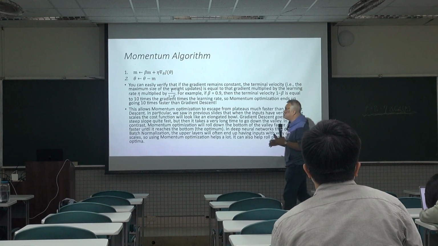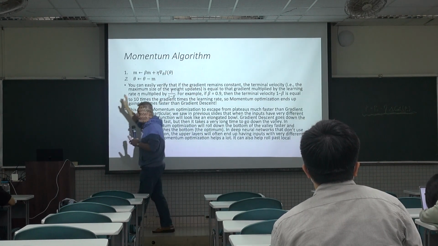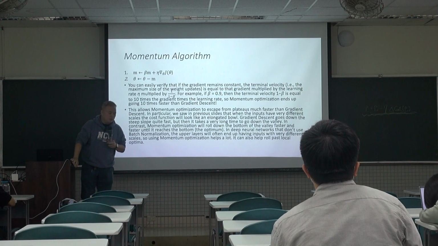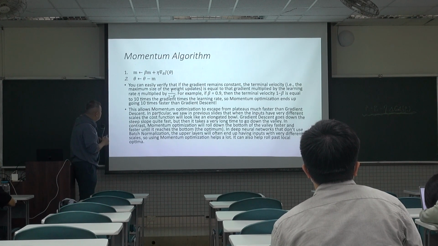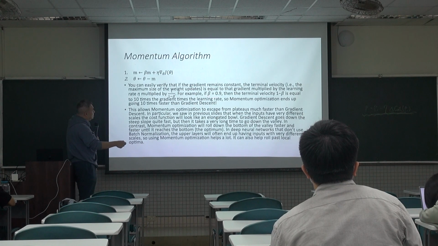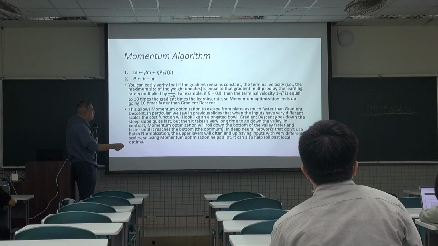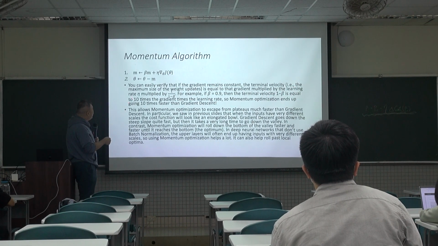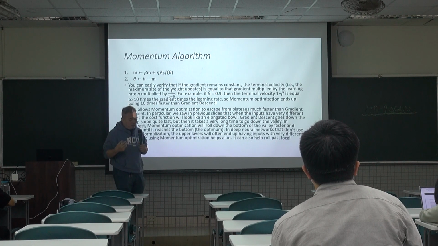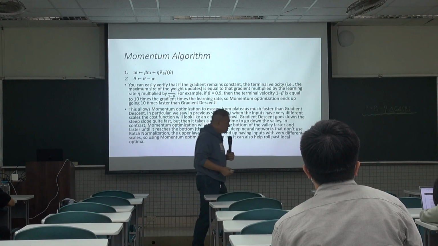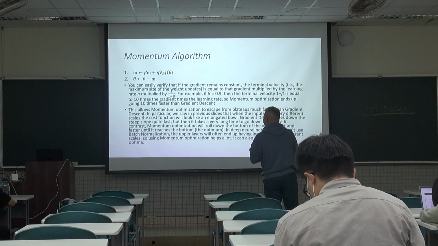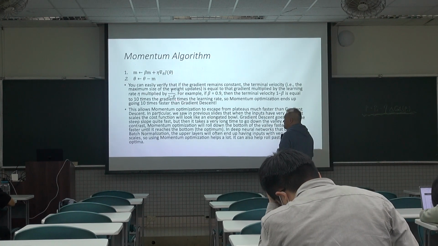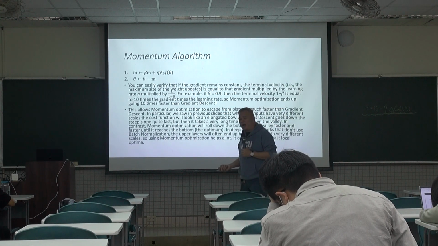If you compare the momentum optimizer with the regular gradient descent optimizer, you will find that if beta is 0.9, the terminal velocity, 1 minus beta, is equal to 10 times the gradient times the learning rate. So in other words, it is going to move 10 times faster than the regular gradient descent, which is obviously a good thing, right?